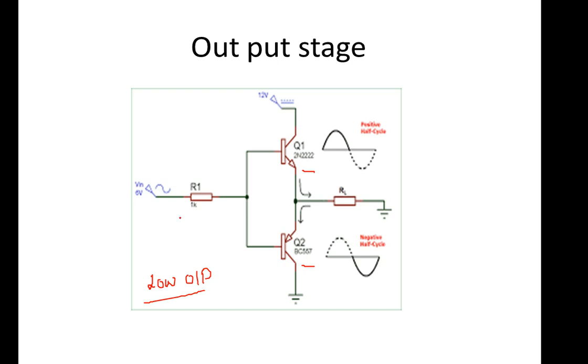For example, if you apply a positive signal Vi, when you apply the positive peak, the NPN transistor will be in the on condition and the PNP transistor will be in the off condition. That means these are in complementary action. Due to this, it will provide low output impedance, and it will give current limitation at the output.